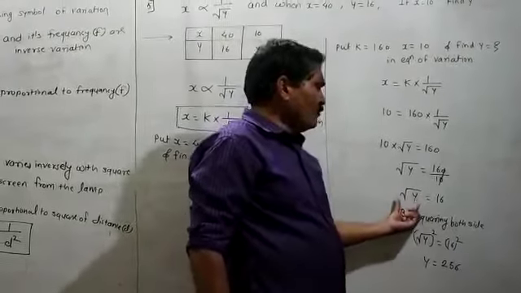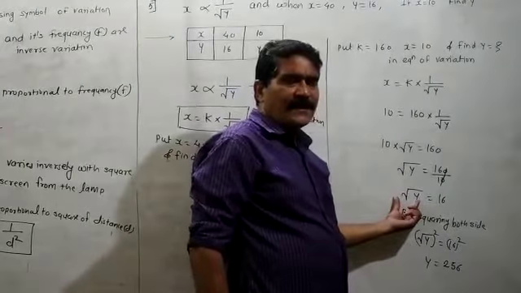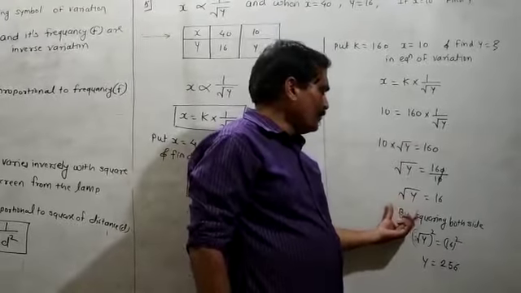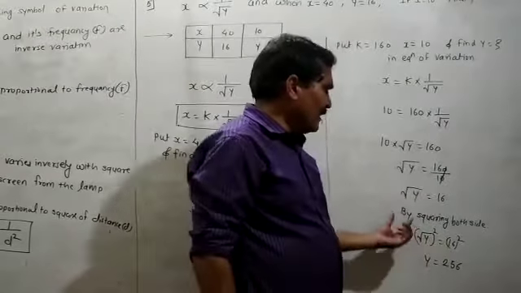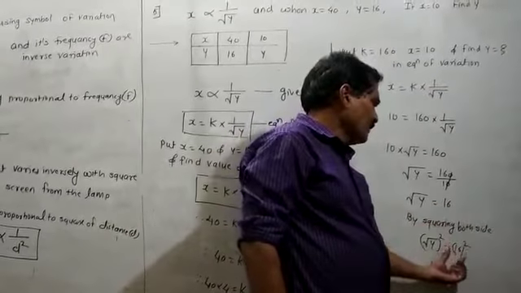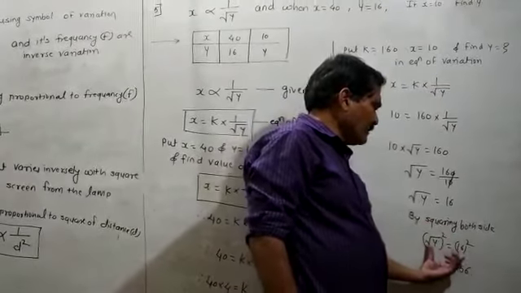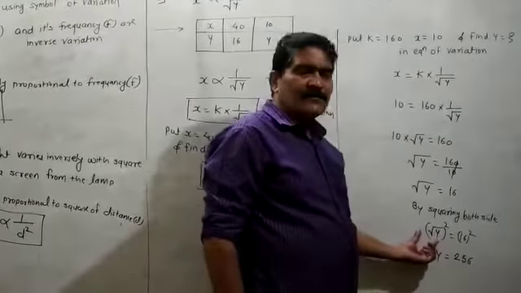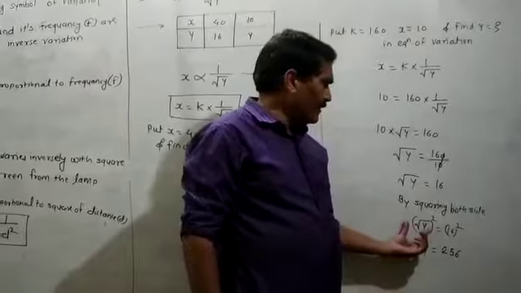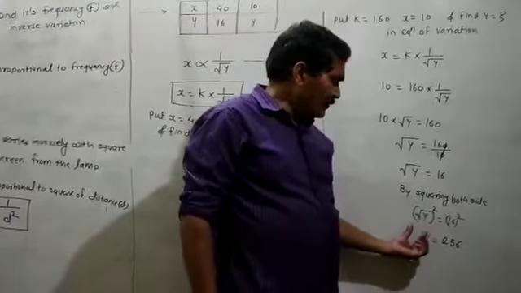If you want to remove the square root sign and find the value of y, what do you have to do? You have to square both sides. By squaring both sides, square root of y, bracket squared, is equal to 16 squared. When you square the square root, you remove the square root sign.